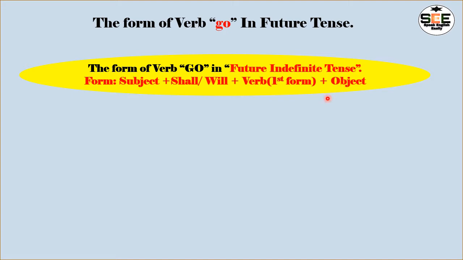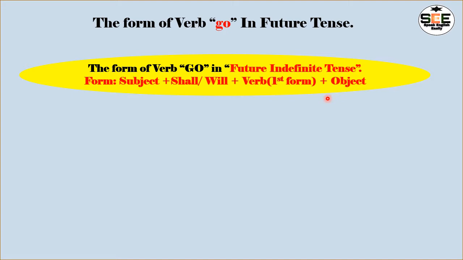Here is an announcement that I already made videos on the go verb in present tense and past tense. I request you to go to my playlist and you will find those videos.